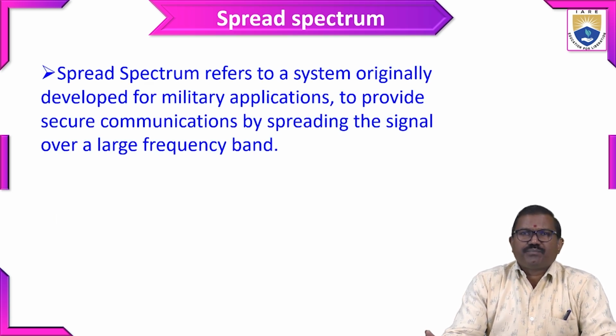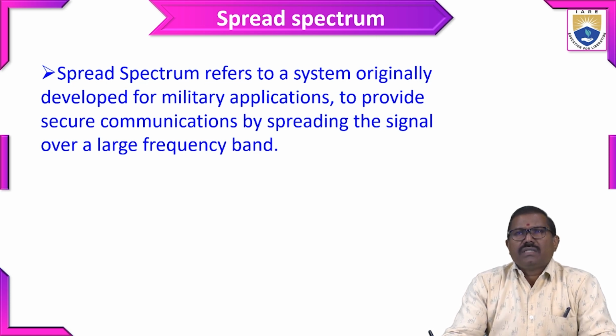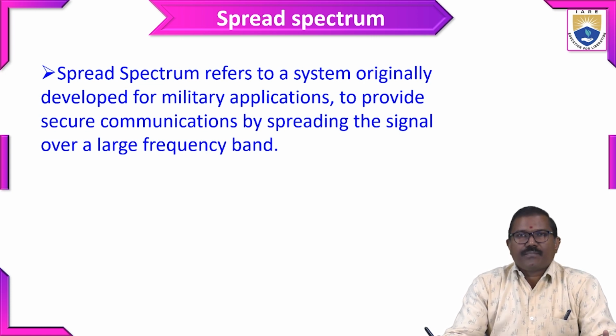Spread spectrum refers to a system originally developed for military applications to provide secure communications by spreading the signal over a large frequency band. Secure communication is required in some fields, and the military is the first one.